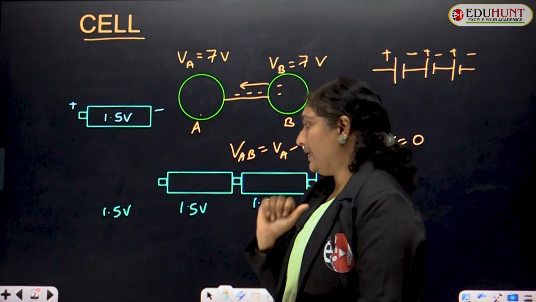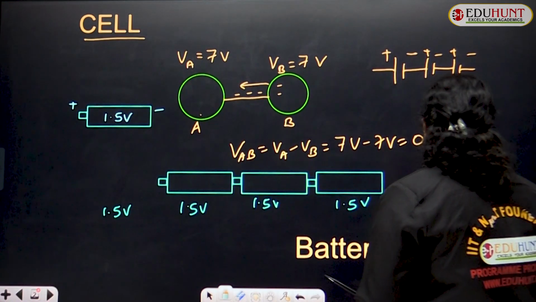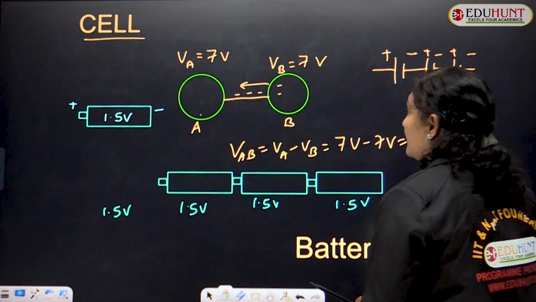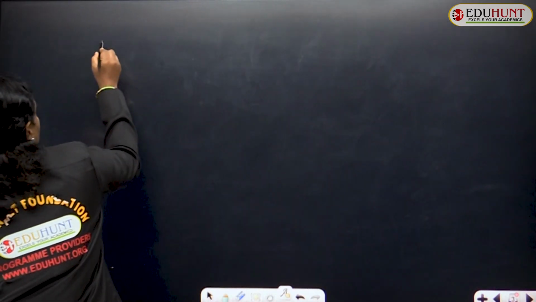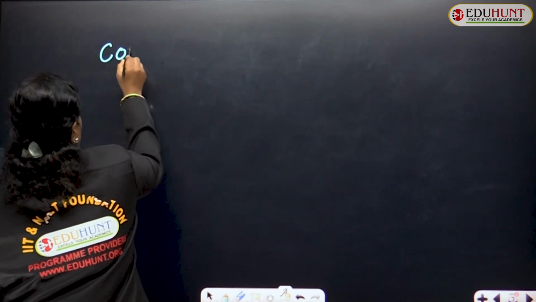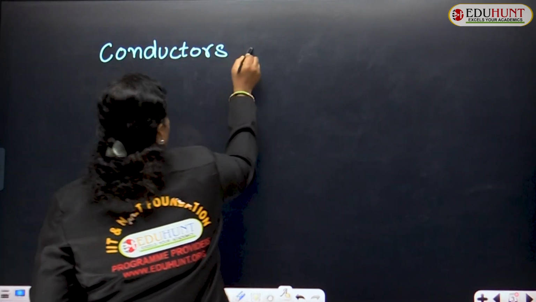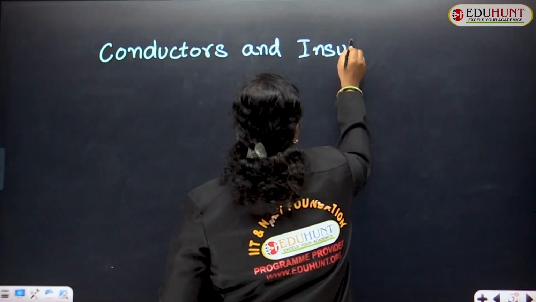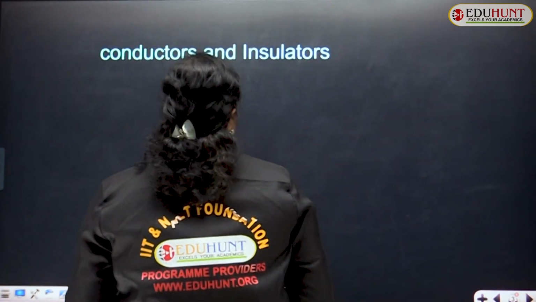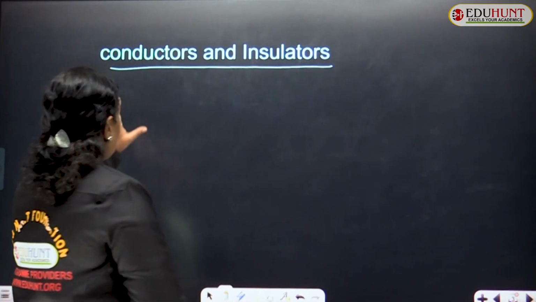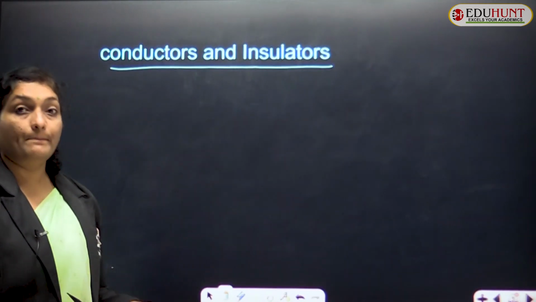Well, so let us also try to understand something regarding conductors and insulators. The next topic is conductors and insulators. What makes the difference between the two? So what are conductors, children?